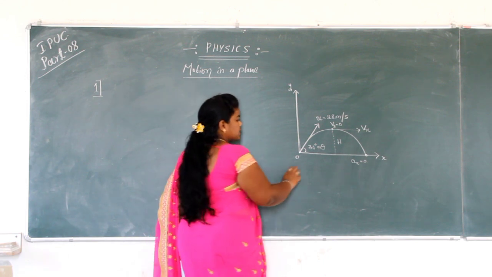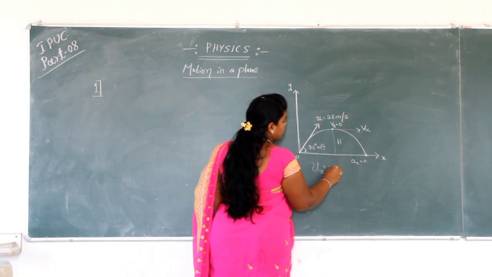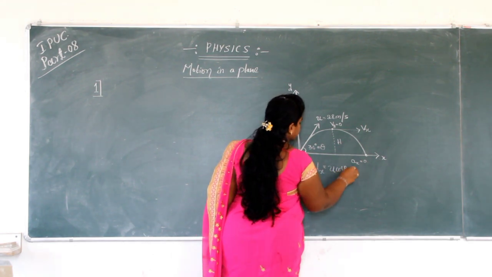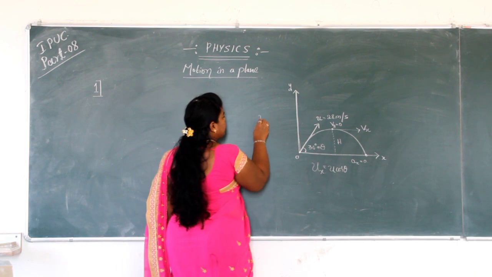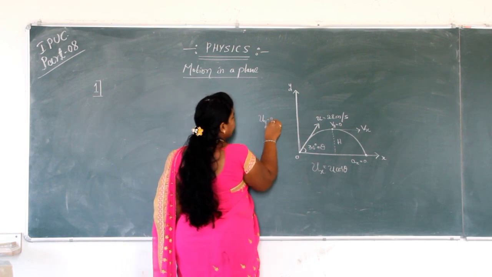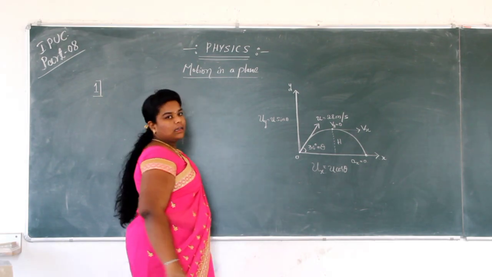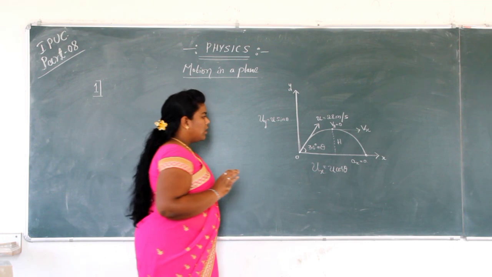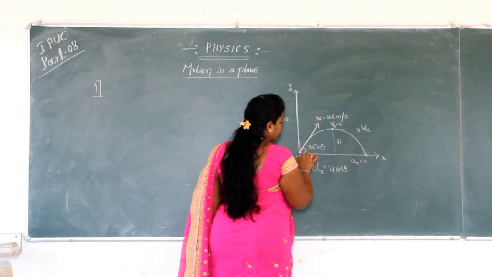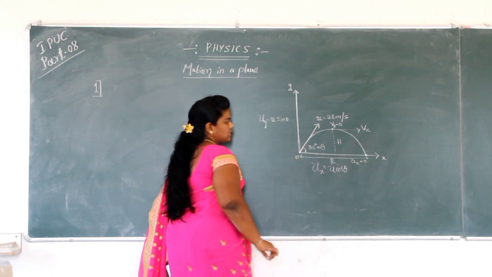Along the x-axis the velocity is ux, which can be written as u cos theta, and along the y-axis we have the vertical velocity uy, which can be written as u sin theta. Okay, these are all the things we have plotted. The horizontal range is the distance from 0 to this point.